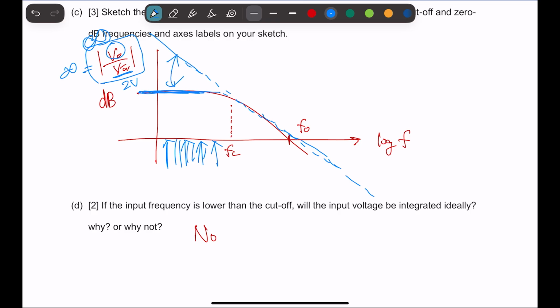So it's not going to be integrated. The answer is no, and you can explain that as I wrote down here, or you can just say it works as an inverting amp in that range. That's what I wrote in the lecture notes. Okay?